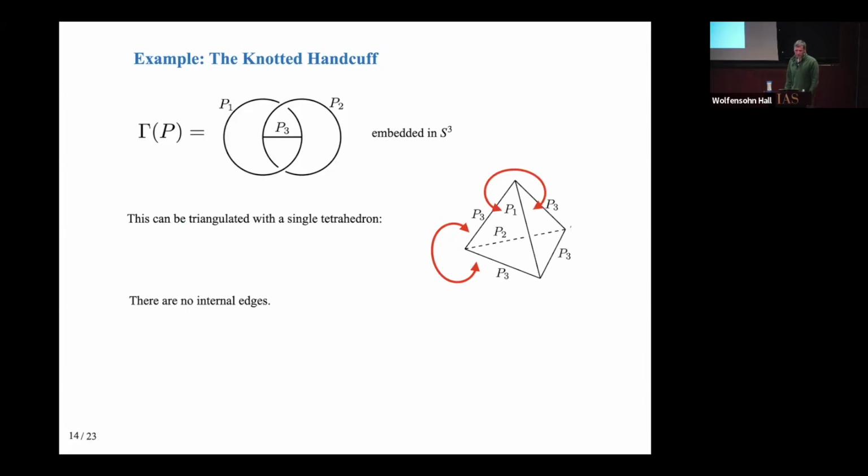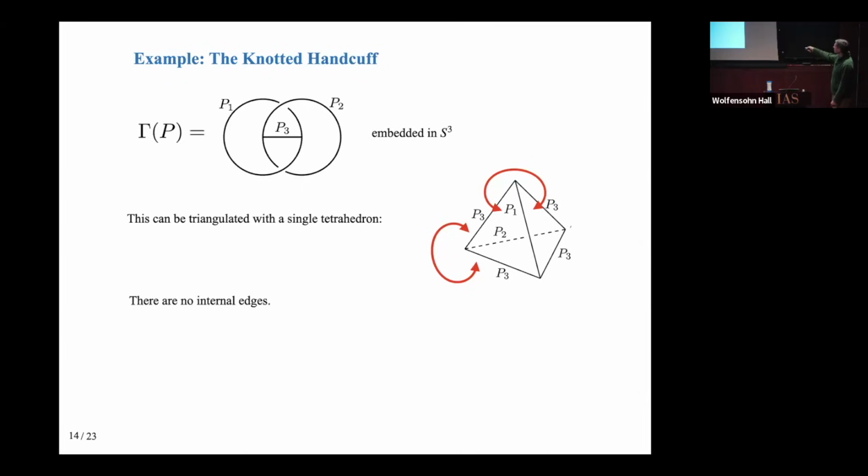This graph embedded in S3 can be triangulated with a single tetrahedron. This takes some staring at the picture for a while, but you can convince yourself that if you take the 2 front faces and glue those together, and you take the 2 back faces and glue the back faces together, that gives you this graph embedded in S3.